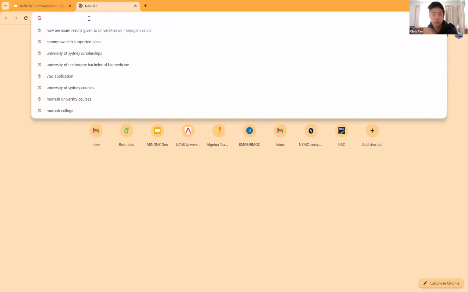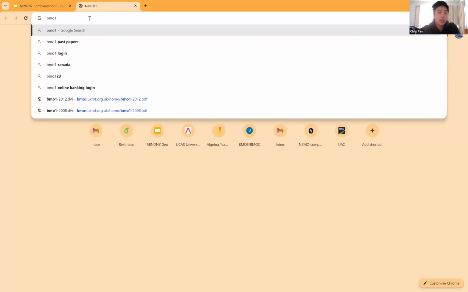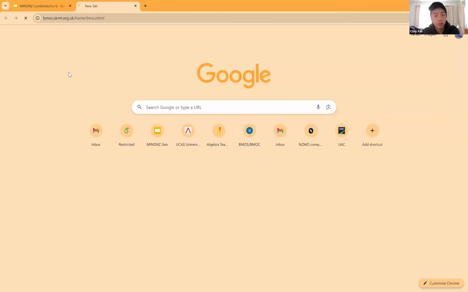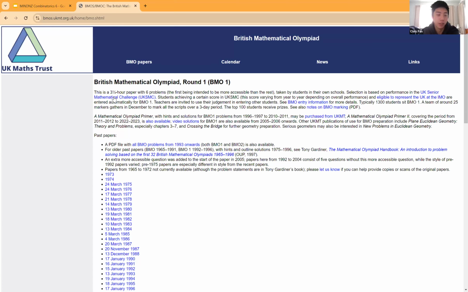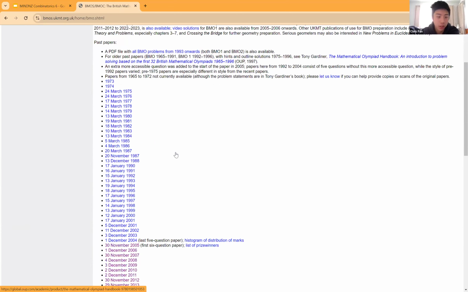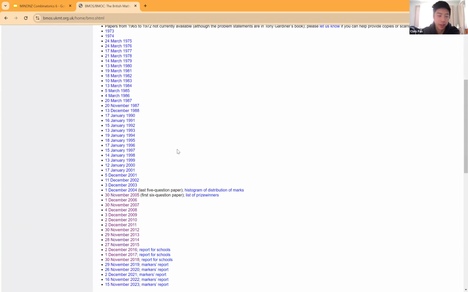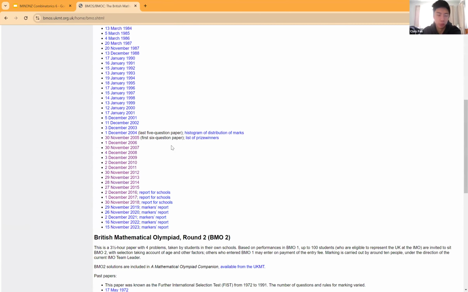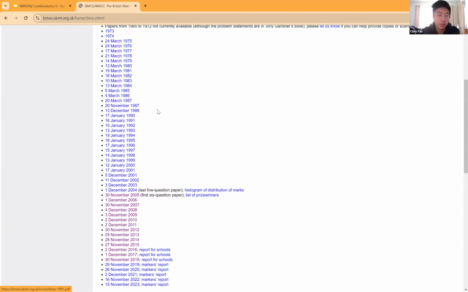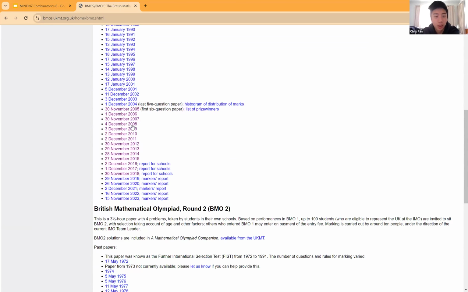Okay, so let's start with some BMO1 problems. You can just find these on the British Maths Olympiad website or the UK Maths Trust website. You can just search up BMO1 problems. They're all here. I would probably recommend doing problems after say 2005, somewhere around there, because the old ones are a bit weird sometimes.